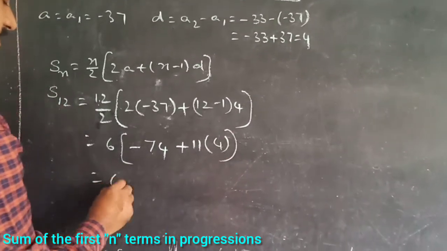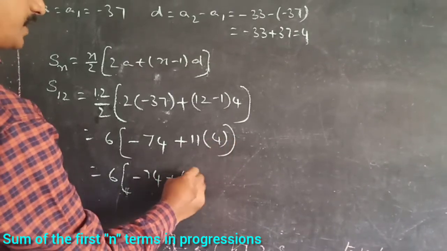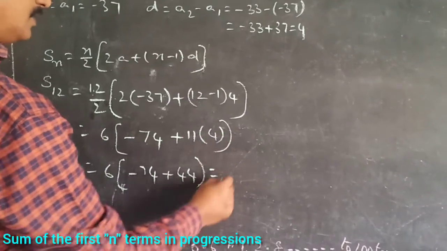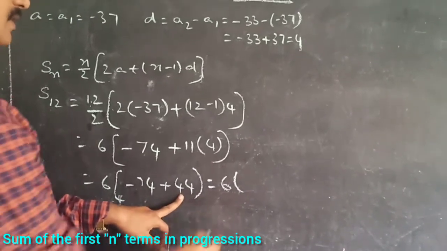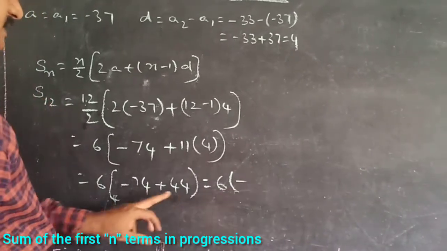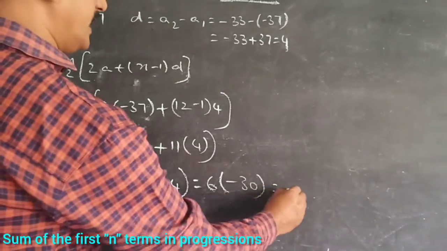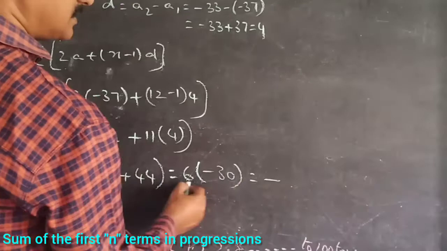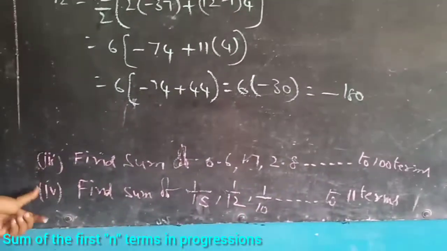It is equal to 6 into minus 74 plus 11 4s are 44. It is equal to 6 into minus 74 plus 44. What is the result value? Minus 30. Plus into minus 6 30s, 180. So here two sums are there.